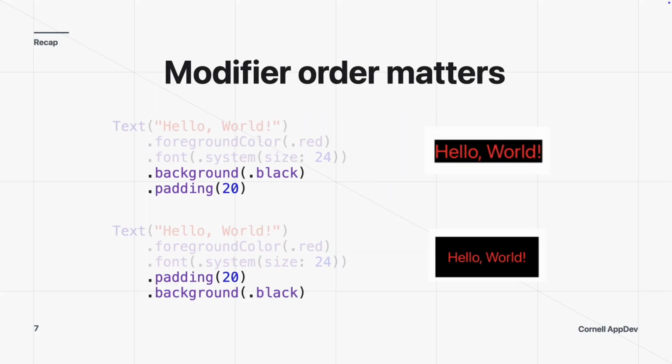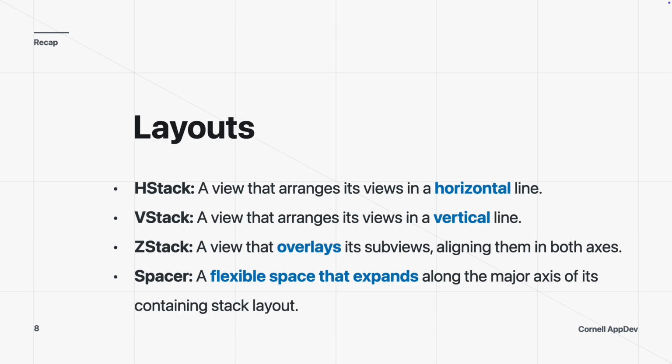We also talked about modifiers, which you can apply to your views to produce a different version of your views. Keep in mind that the order of modifiers actually matters. As you can see, these two produce different views. The last thing we talked about is layouts.